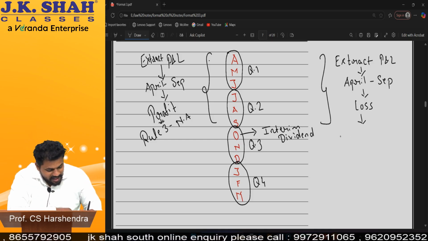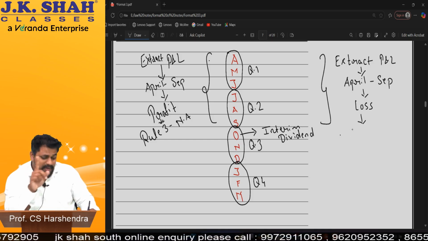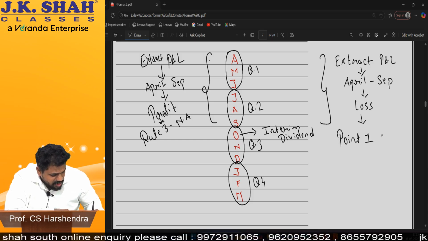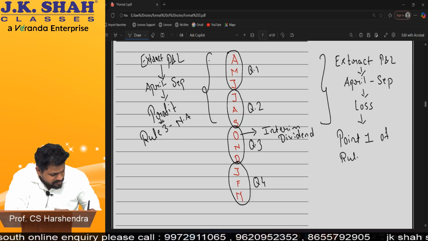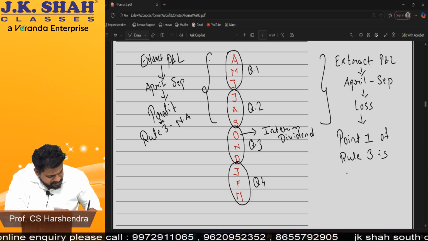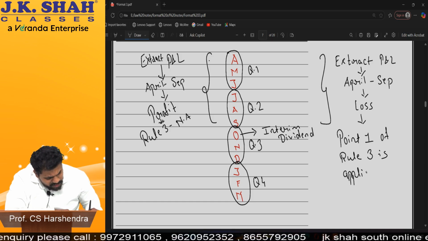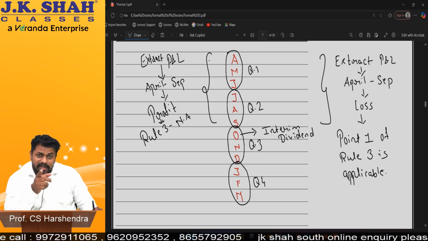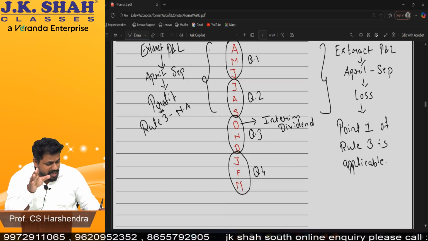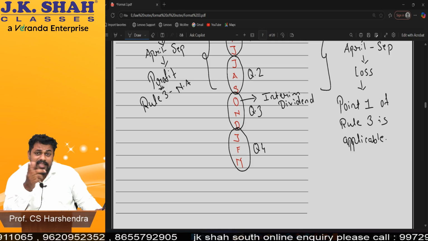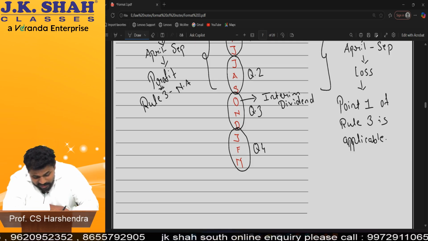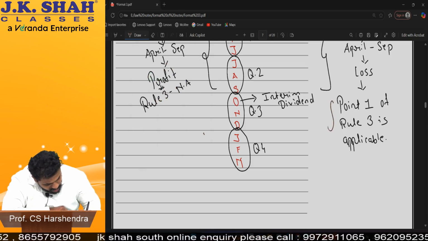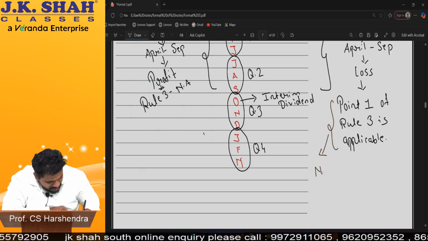Then rule 3 is applicable, but only the first point of rule 3 is applicable. What is the first point of rule 3, beta? Rate of dividend cannot exceed the average rate of dividend declared in the last 3 years. But here also the same thing, beta. It is not applicable.